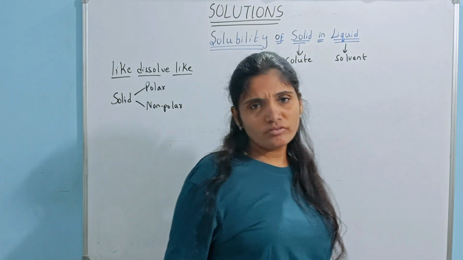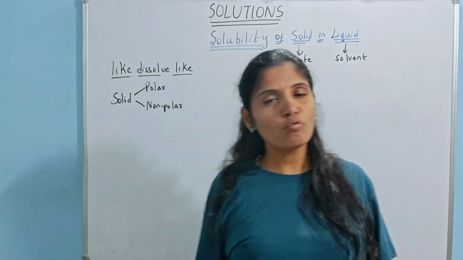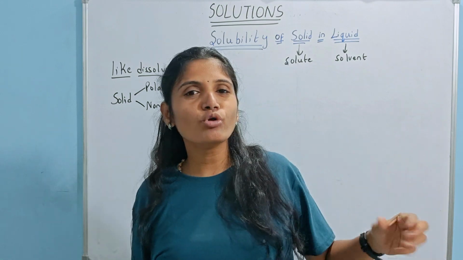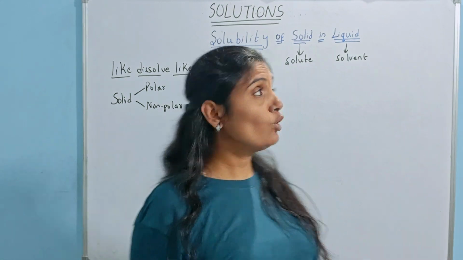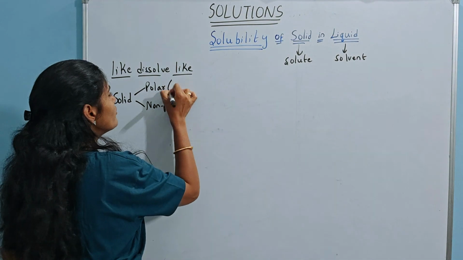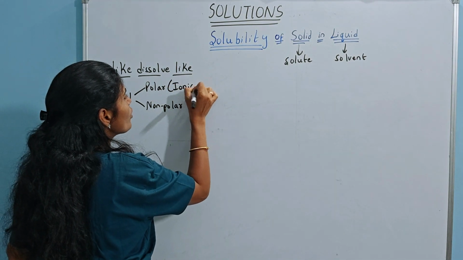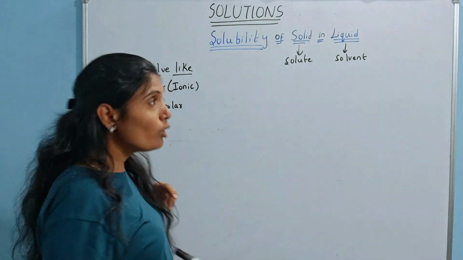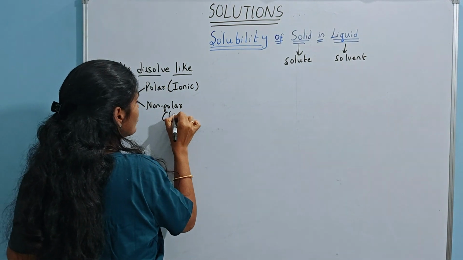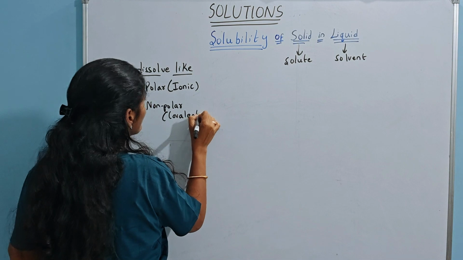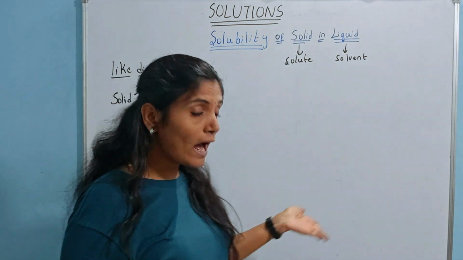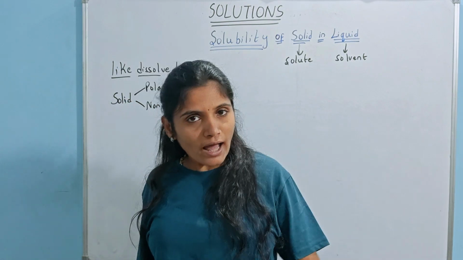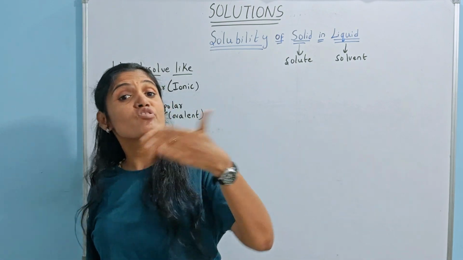Now, polar solids. You know what your polar solids are. In grade 10, you would have studied ionic compounds and covalent compounds. When I talk about polar solids, I am mainly focusing on the ionic compounds. When I talk about non-polar solids, I am mainly focusing on the covalent compounds. Ionic compounds have cation and anion, so they will have charges.